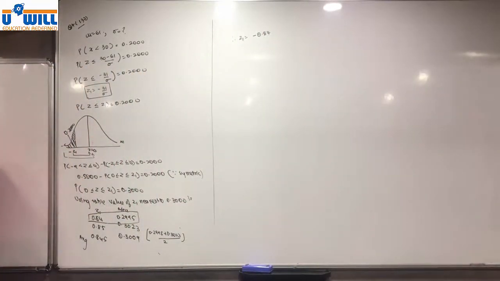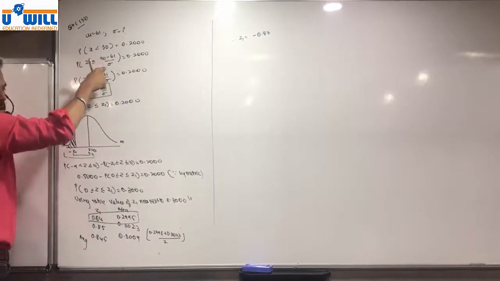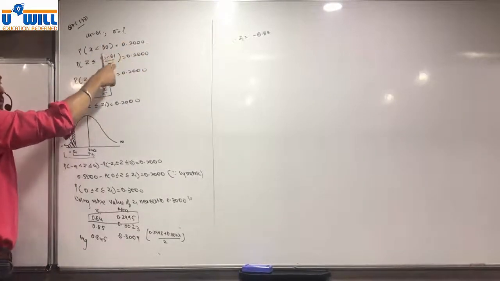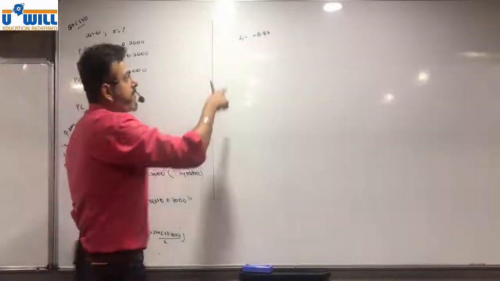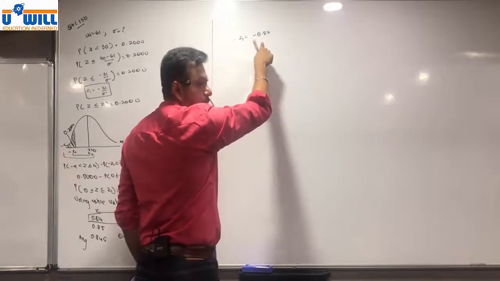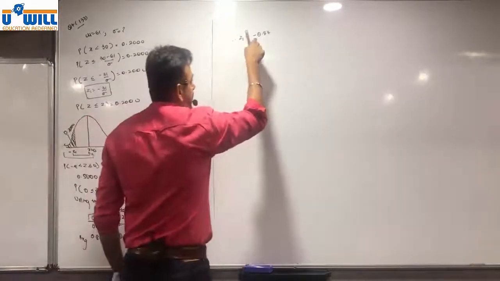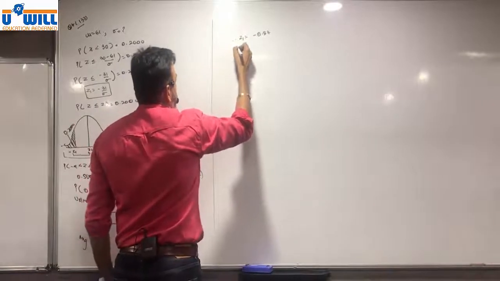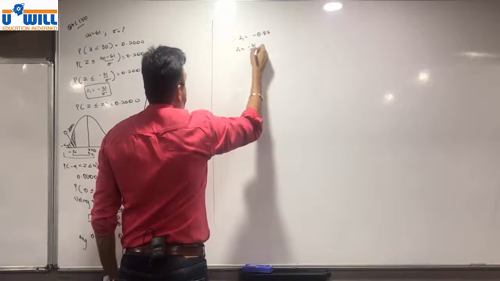Please don't forget this in the exam, because using this we are going to find sigma. If this is wrong, sigma will be wrong, and the next equation will also be wrong. Please be careful whenever you write the value of Z1. Always check left hand side or right hand side. If left, then it is negative. Now Z1 is equal to minus 31 by sigma.